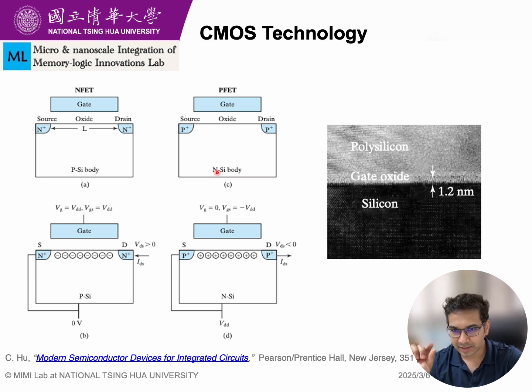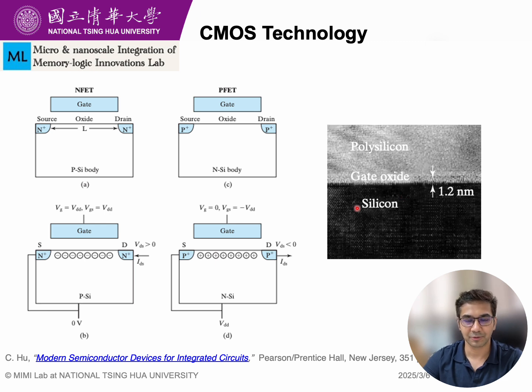So you can see the difference from SOI to bulk, how many more steps you have to do. You always have to be appreciative of those people who spend their time in the clean room developing this process. For them, now we have CMOS technology, where the gate oxide thickness is very small, even in the angstrom level at this moment.